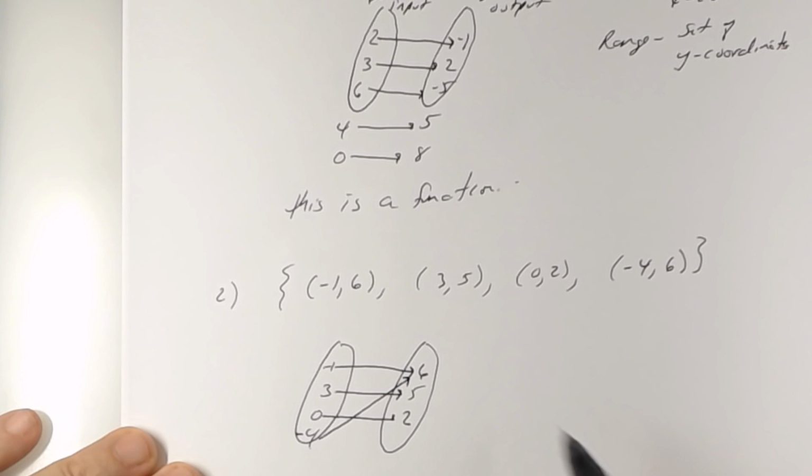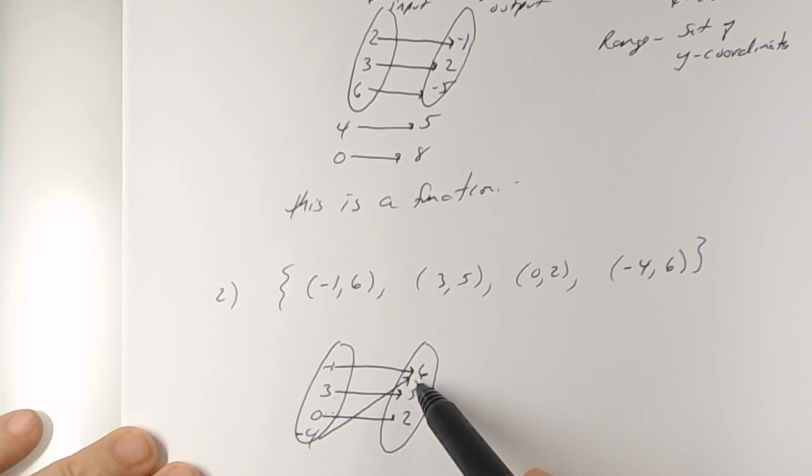But listen to the definition. The definition said for each x coordinate, there's what? 1 y. So when x is -1, there was 1 y. What was it? 6. When x is 3, there's only 1 y. What was it? 5. When x is 0, there's only 1 y. What was it? When x is -4, there was only 1 y. What was it? 6.